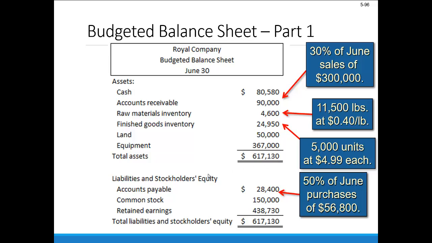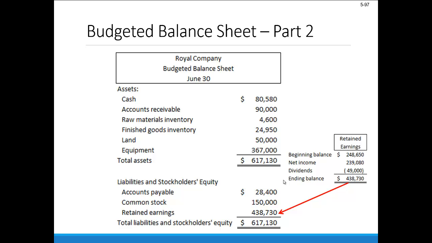Then under liability and stockholders' equity, we've got our accounts payable, $28,400. That was from our schedule of expected cash disbursements for materials. Right? We're going to be paying these things off over time for those materials purchases. So there was the unpaid amount at the end of June 30 that we were expecting. We had the common stock of $150,000, and then retained earnings, got to do a little more math for.